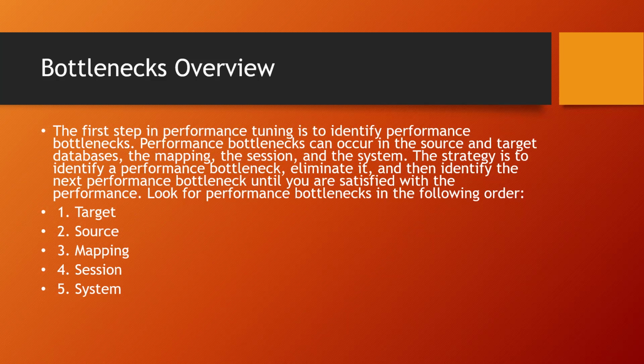The target is the first bottleneck, then source, mapping level, session level, and the last one is the system level. These are the five elements you need to choose, and then you can start your bottleneck identification inside your Informatica mapping.